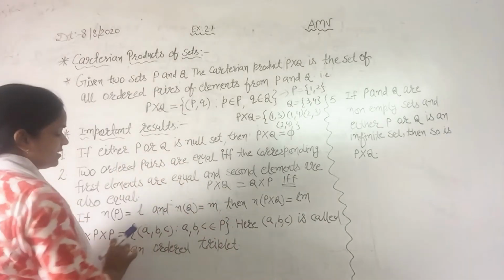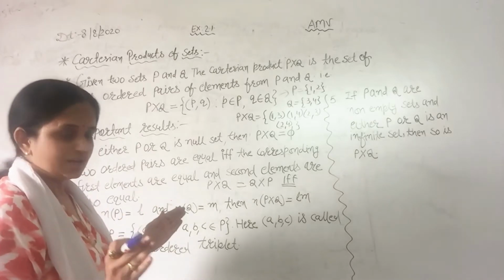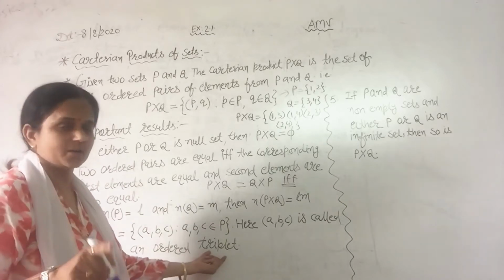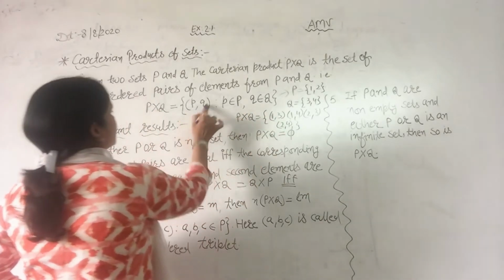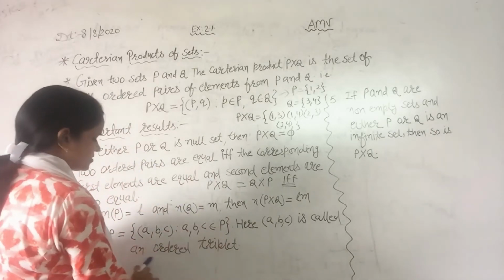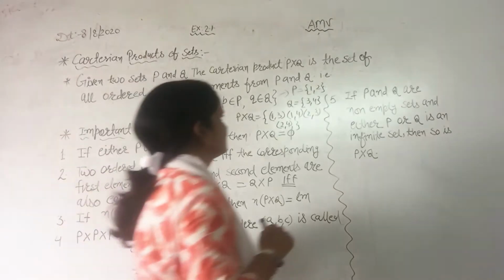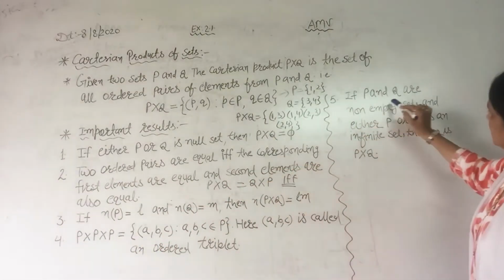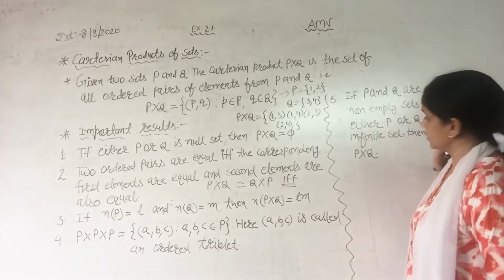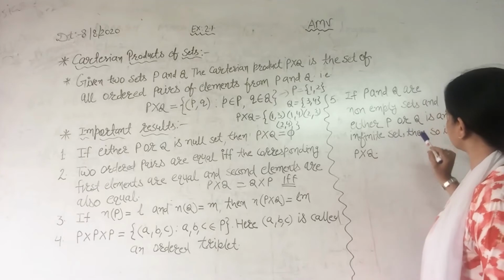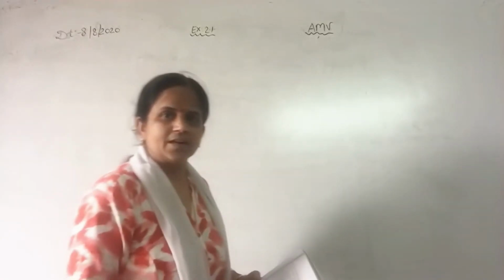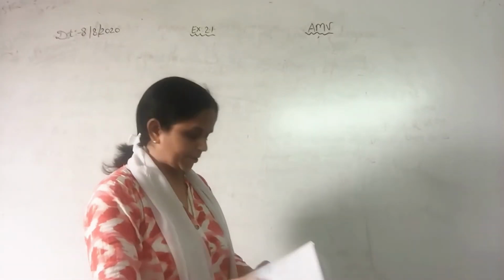There are 3 elements a, b and c from the same set. That's why they are known as an ordered triplet. When there are 2 elements, students, it is an ordered pair, and when there are 3 elements, it is known as an ordered triplet. Next, if P and Q are non-empty sets and either P or Q is an infinite set, then so is the Cartesian product P×Q.